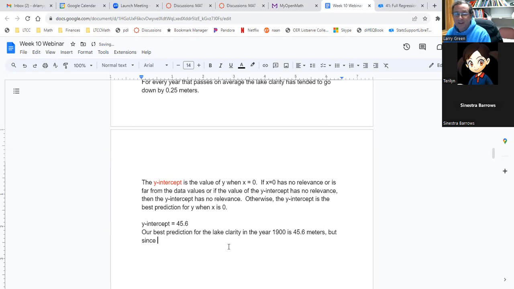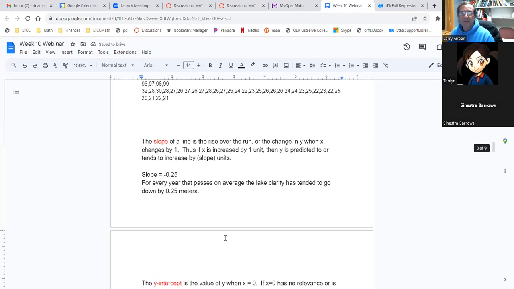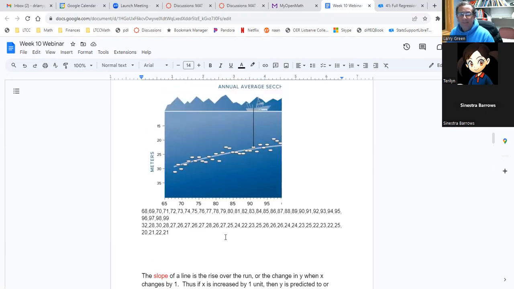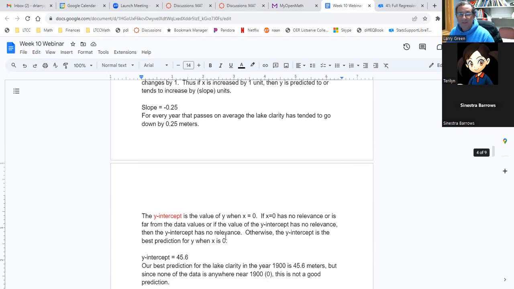But since none of the data is anywhere near 1900, which by the way was 0, this is not a good prediction. Any questions on that?